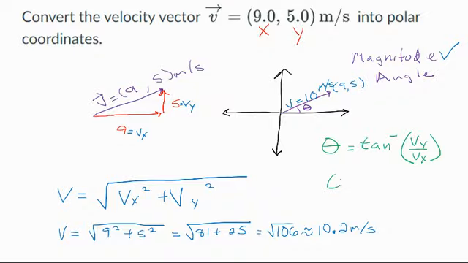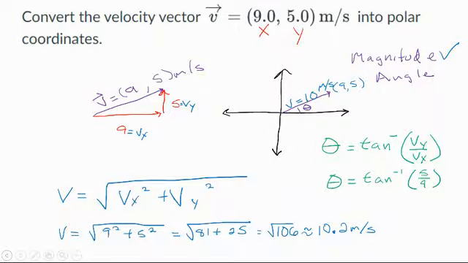And this you just plug in the calculator. So I'm going to say theta is equal to arctan of 5 divided by 9. And so there's a button on your calculator, and you can pull it up anywhere actually.